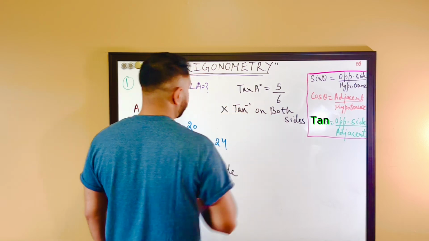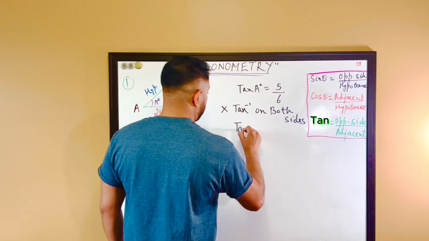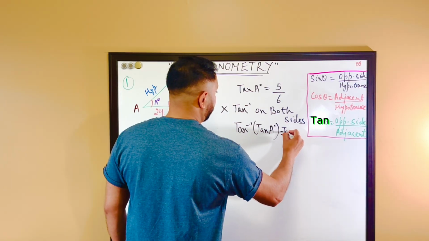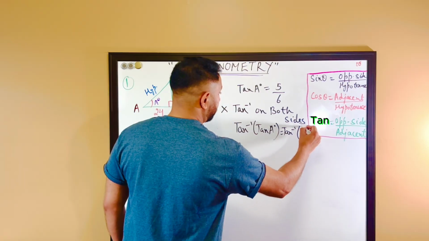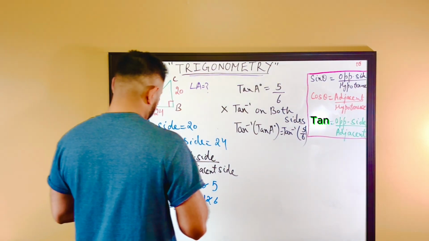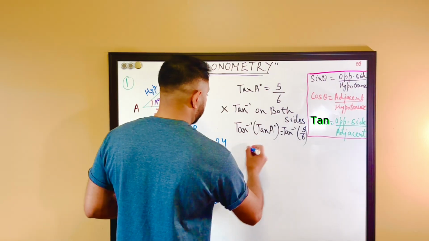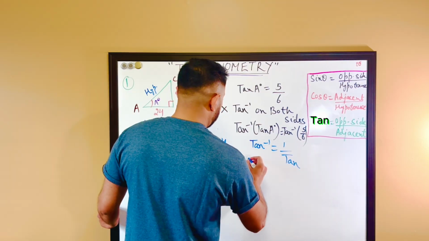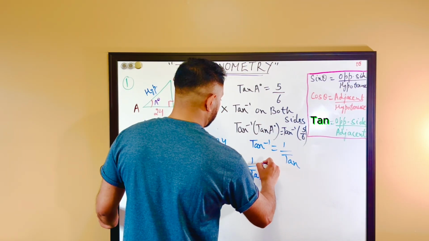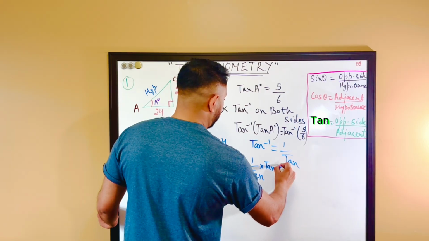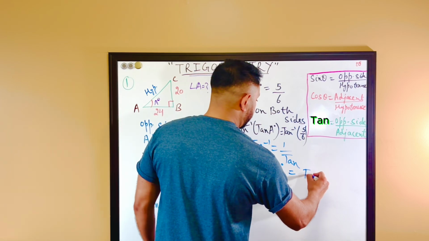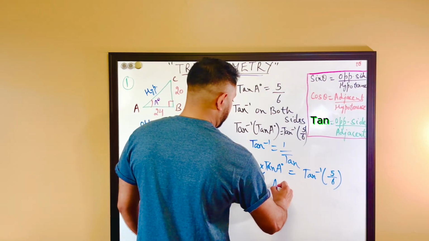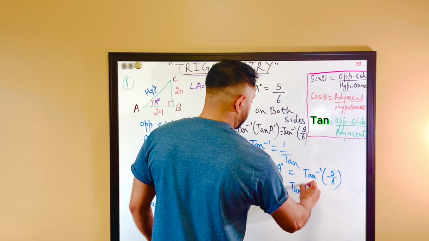Tan inverse of tan A degree is A degree, and tan inverse of 5 by 6 stays. So A degree is equal to tan inverse of 5 by 6.